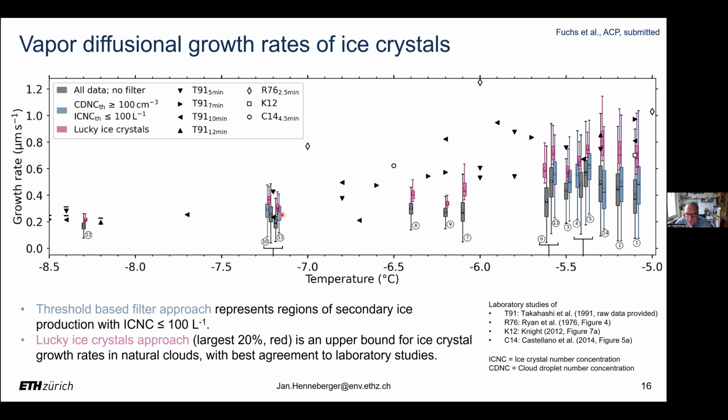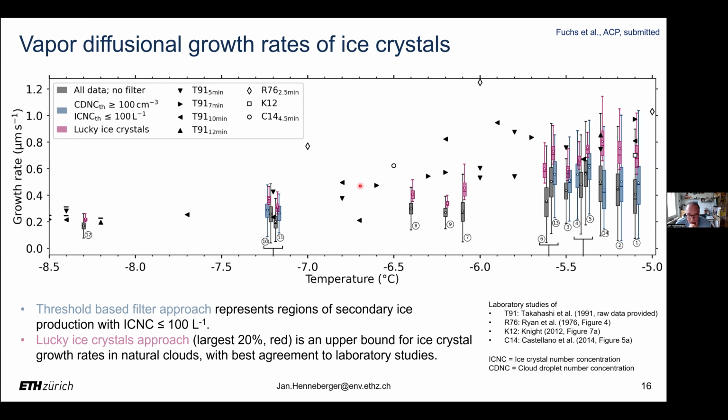And it gets surprising. It got not too much more, was still quite below the laboratory data. When there's no blue box plot shown, there we didn't have enough ice crystals left after the filtering. So we think that blue is quite representative for a secondary ice production region where ice crystal number concentrations are high but below 100 per liter.